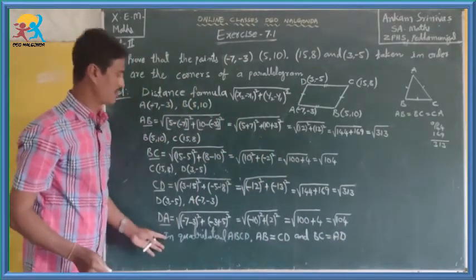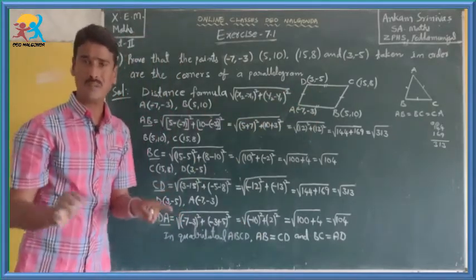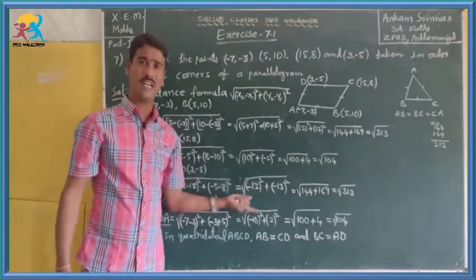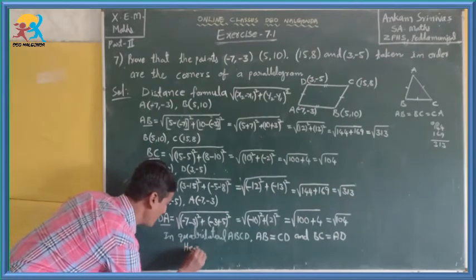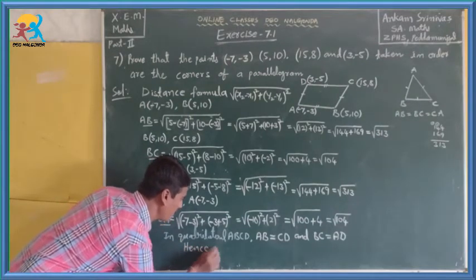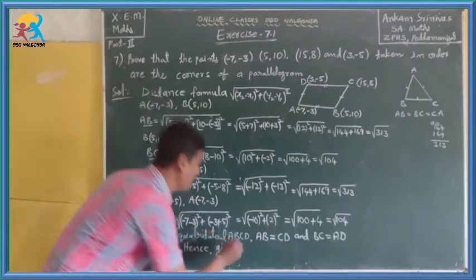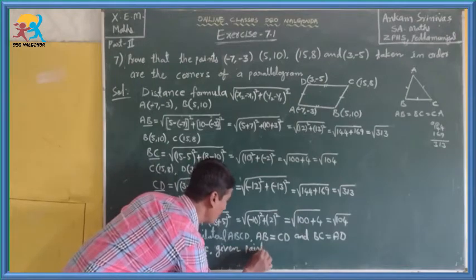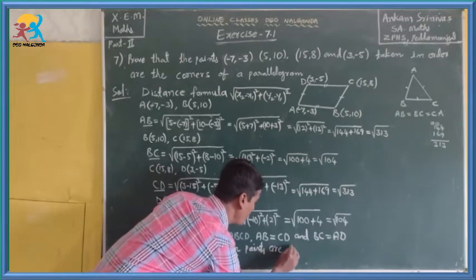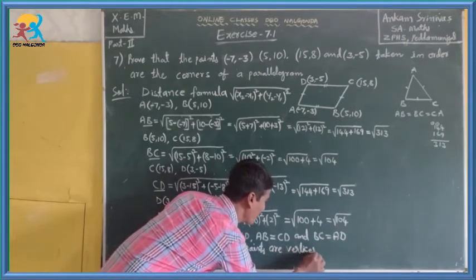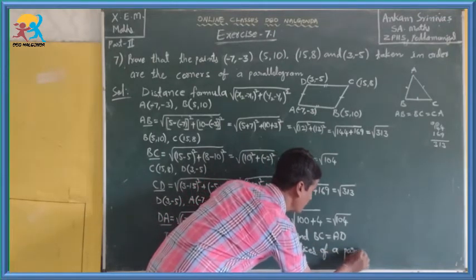We clearly observed that the opposite sides of a quadrilateral are equal. If opposite sides of a quadrilateral are equal, it becomes a parallelogram. Hence, the given points are vertices of a parallelogram.